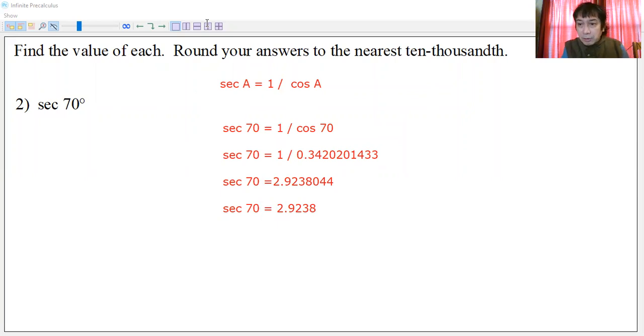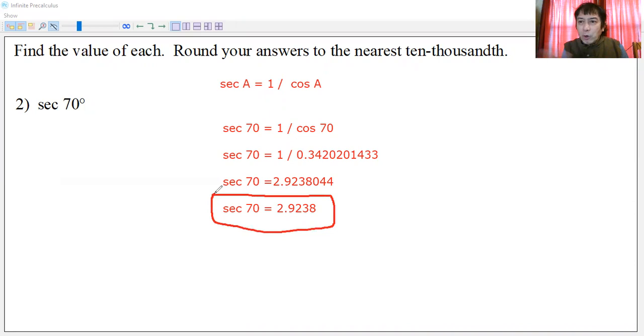Again, secant is more than 1. It's always more than 1 because it's the ratio of the hypotenuse to the adjacent side. So these are the characteristics of secant and cosecant.